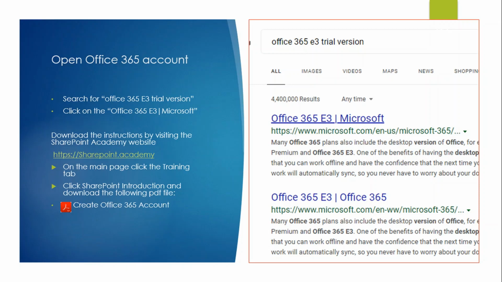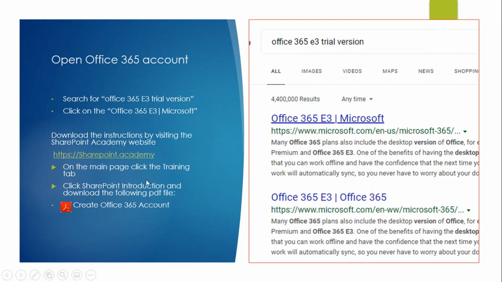To open an Office 365 account, search for Office 365 E3 trial version on Google or Bing. Click on the first link, Office 365 E3 Microsoft. You can also download the instructions by visiting the SharePoint Academy website.